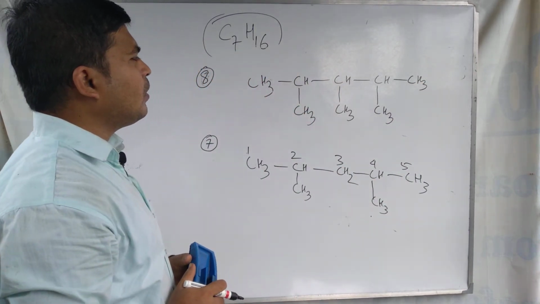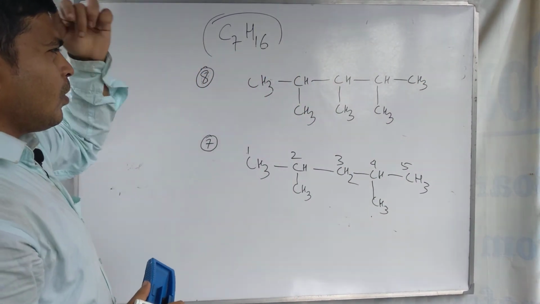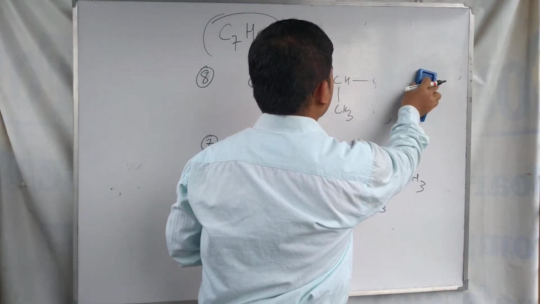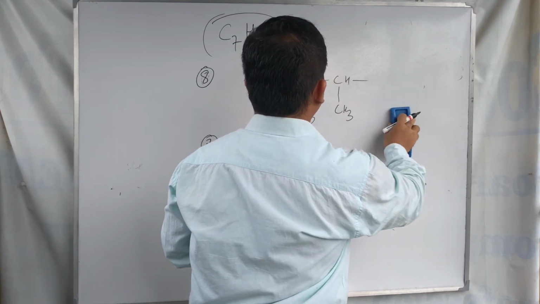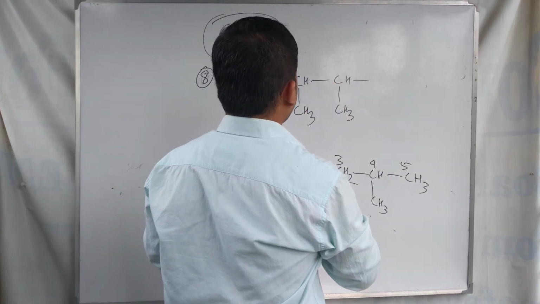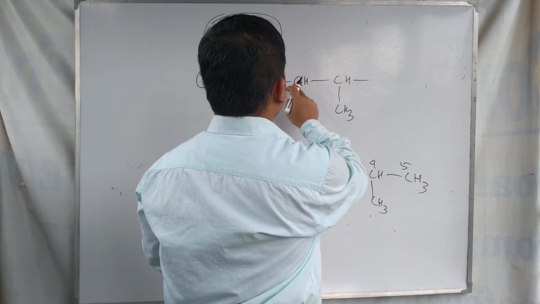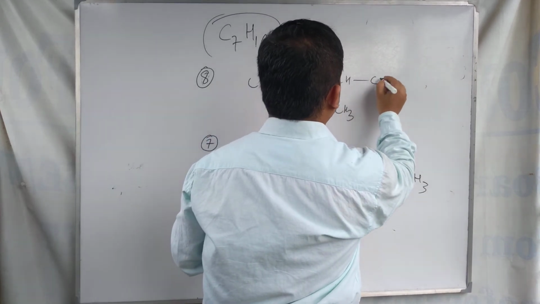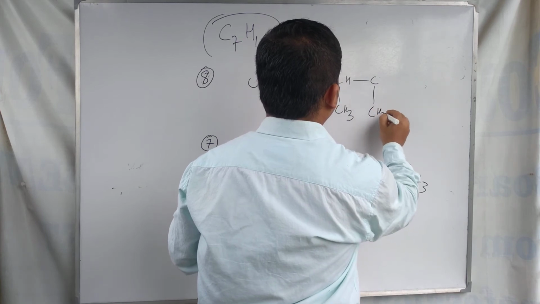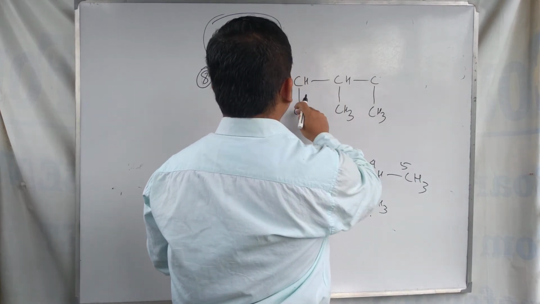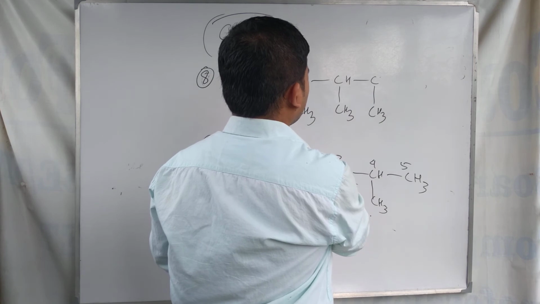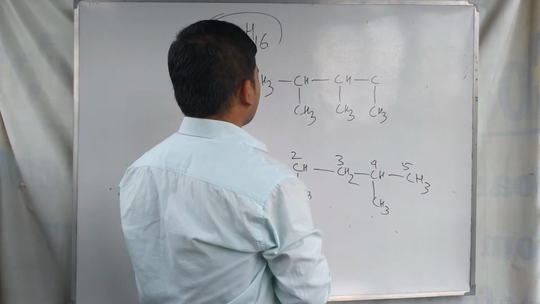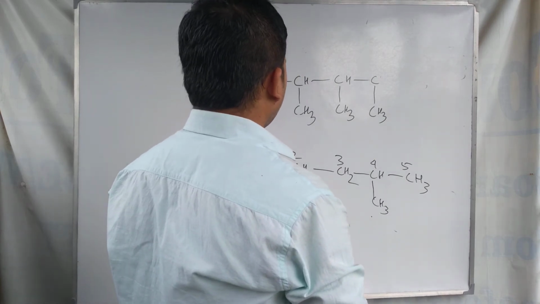This one, see this one. 1 2 3 4 5 6 7 8. 1, 2, 3, 4, 5, 6. 1 2 3 4 5 6 7. No, this one is not possible.